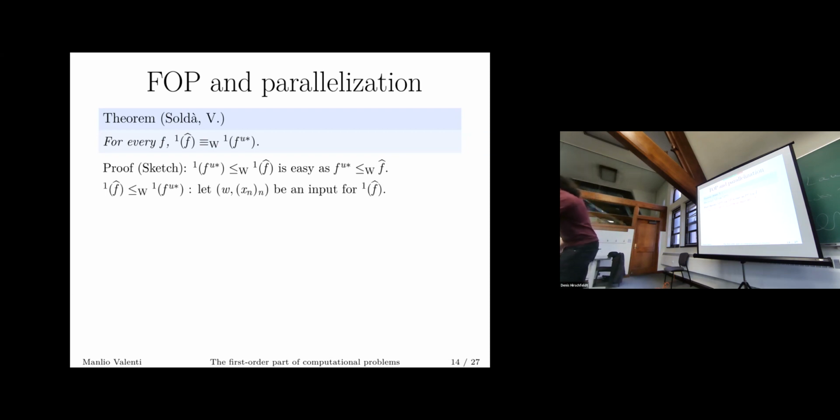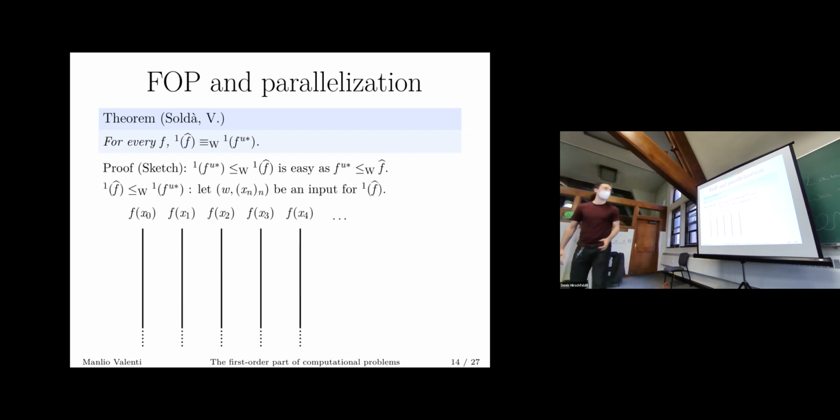The other one, of course, is when you want to say that the first order part of the parallelization, which apparently is stronger, is actually the same as the first order part of the unbounded finite parallelization. The idea is that, say you have the solution for the parallelization.